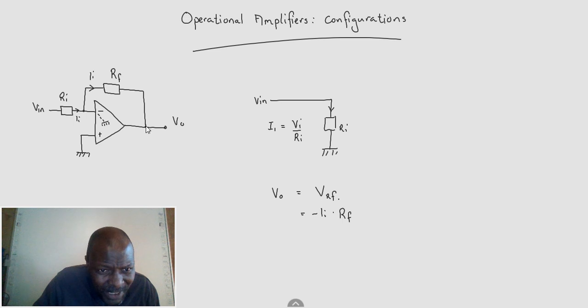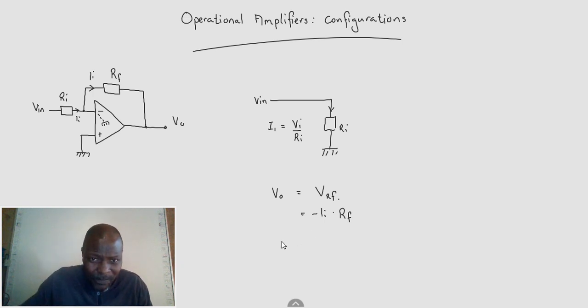And that gives a potential across RF, which is what we said is our output, VRF. So therefore, what does it mean? That's our output.